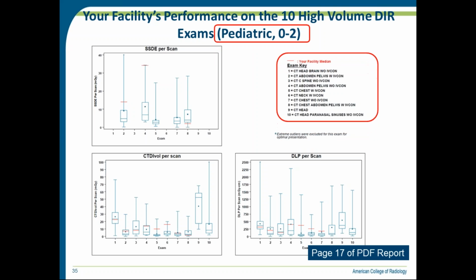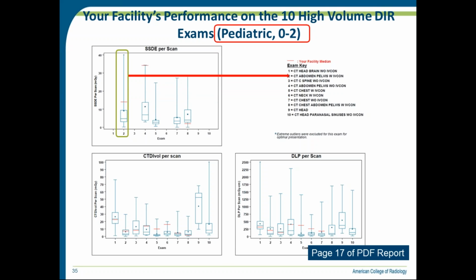This is the age group we are discussing, and as I said before, this is the exam key. You can see that for this exam, the facility's median is very high. It is above the DIR 75th percentile for CT abdomen pelvis with IV contrast for SSDE.